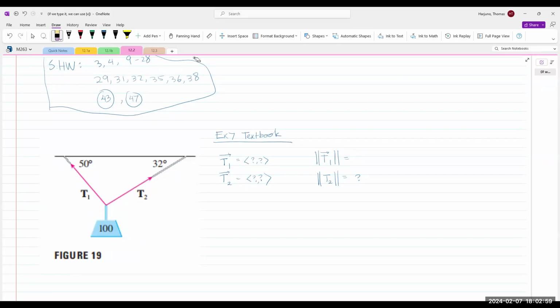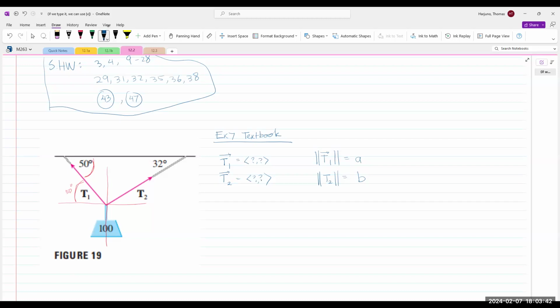Let's first denote the magnitude of tension 1 by, let's call that A. Maybe I call that X. No, don't use X. Let's call that A, and the magnitude of tension 2 is B. Now, if these were our coordinates, then T1 has angle 50 degrees from the negative x-axis, right?